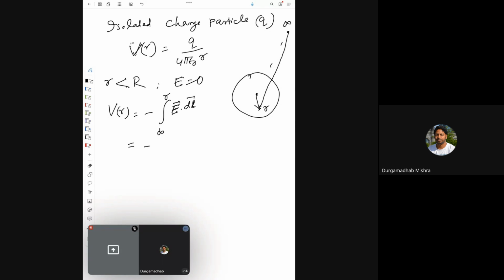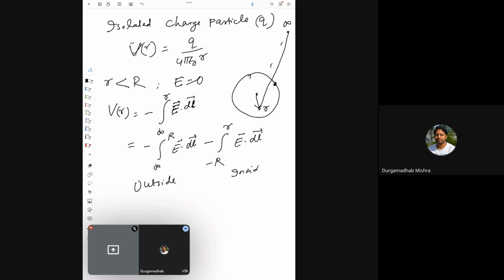Then we will simplify it. I will divide it into two regions and change the limits of integration. I first integrate from infinity to capital R, on the spherical cell, and then minus the integral from R to small r of E dot dl, which is inside.